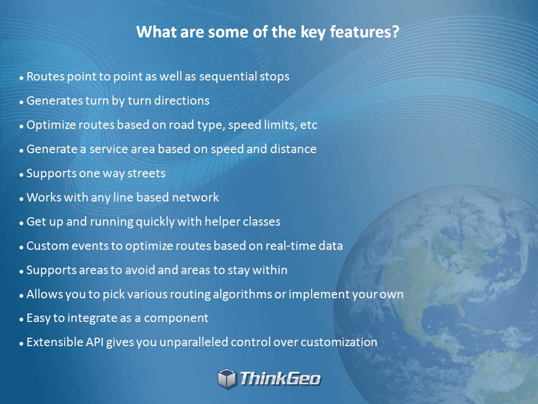We also wanted to give you as many extensibility points so you have unparalleled control over customization. So like I said, with the algorithm, you have customization control over the index itself that it uses, over what kind of data it can integrate with. We've taken great strides to make sure that you can control almost every facet of the system for customization.